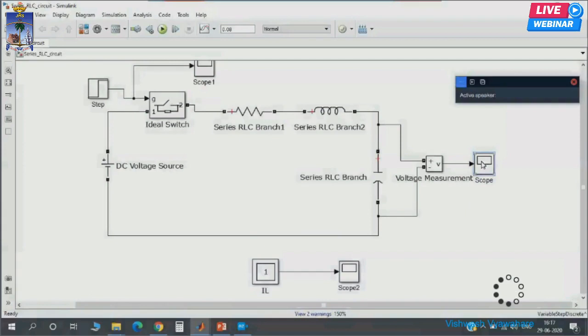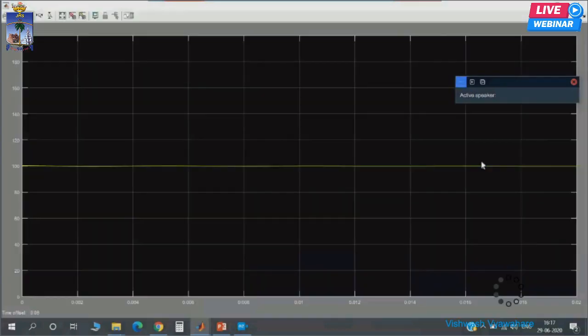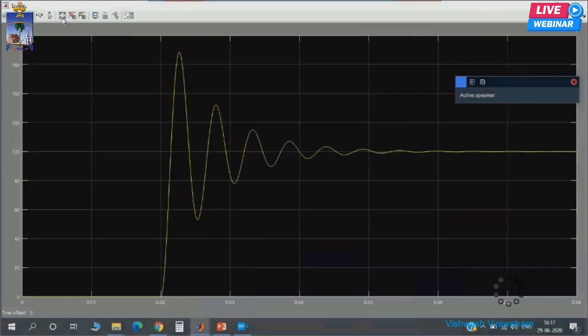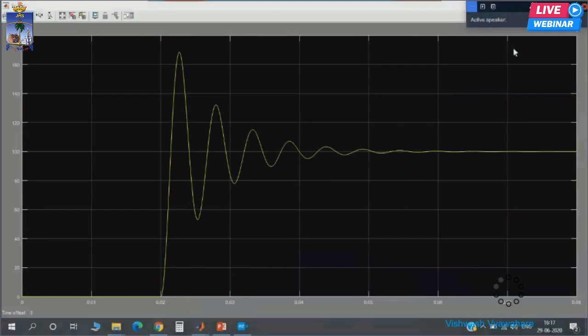Okay, it's done. Now let us first see the voltage. This is how my voltage changes. Up to t equal to 0.02, since the switch was open, nothing happened.